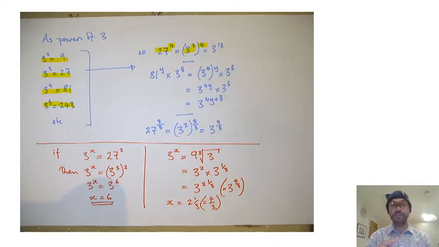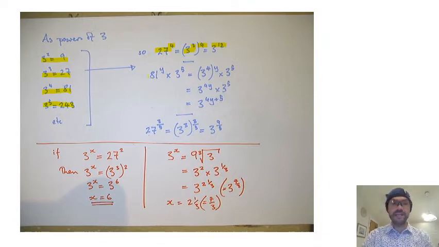Once you've seen the video once, go back to the first sheet, get those index rules in front of you, because without those, we can't do these. 3 to the 4, 3 to the 12, 3 times 4. So 27 to the 4 is the same as 3 to the 12. You could check that on your calculator, couldn't you? Type in them both, check you get the same answer.